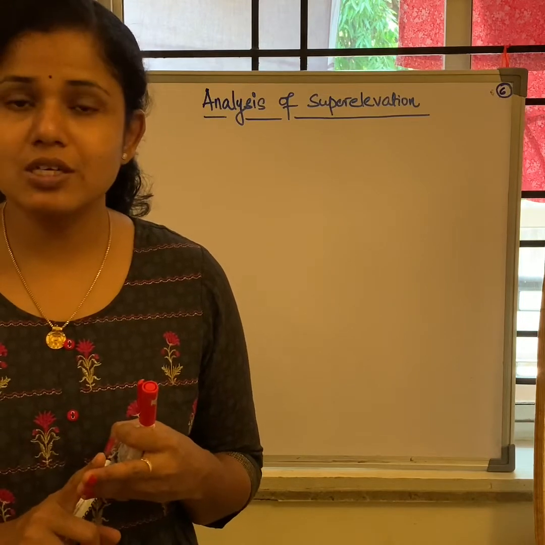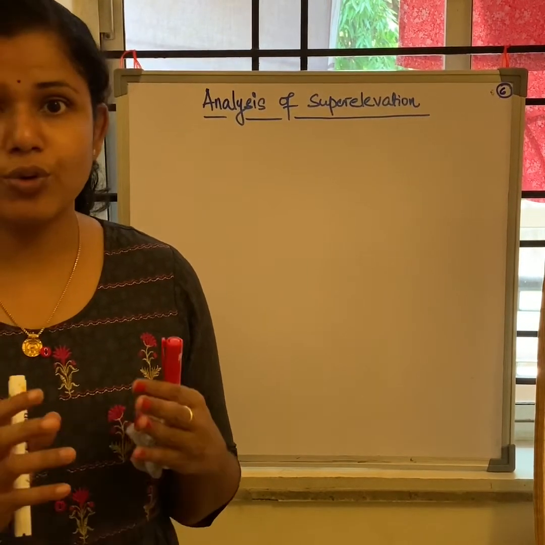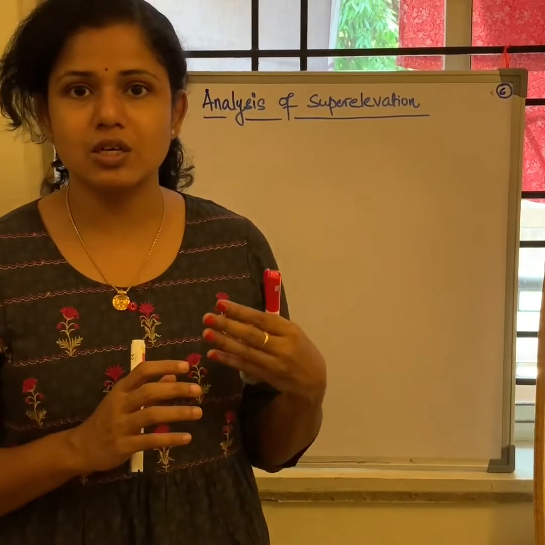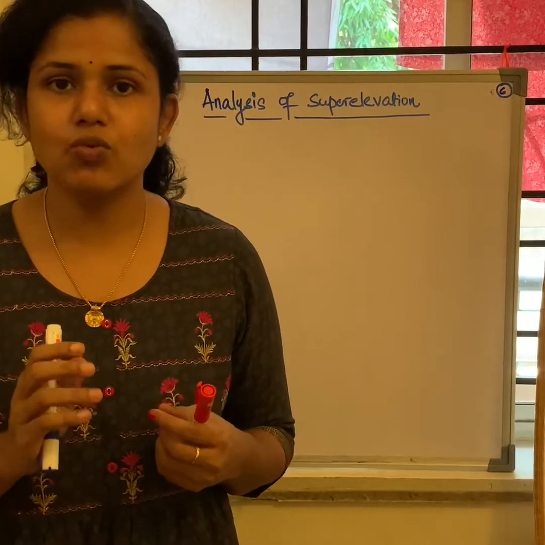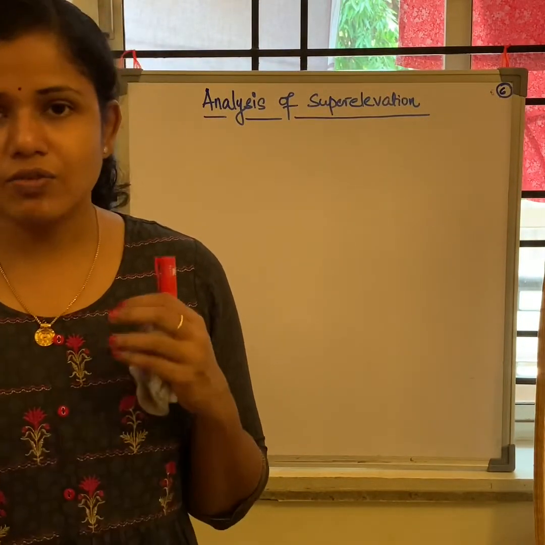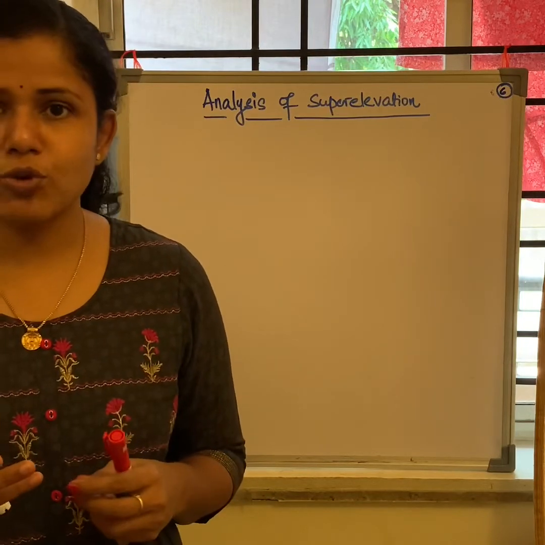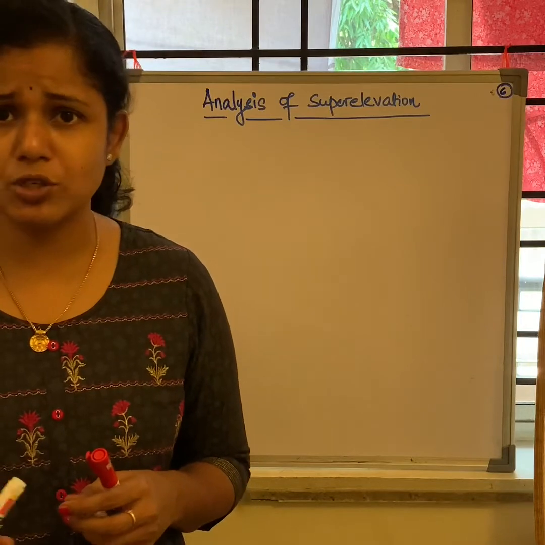The third aspect is how to design superelevation, what value of E should be considered with respect to speed and radius. We will see the steps involved in a superelevation design, and with this knowledge, we can solve a couple of numericals. This is the sequence in which the video is arranged.